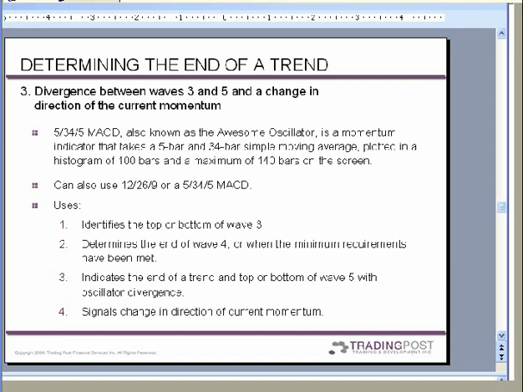When you have fewer than 100 bars on the screen, you might not get the desired effect. Similarly, greater than 140 bars might be too many. You're going to see too much of the histogram. I'll show you what I mean in just a minute.